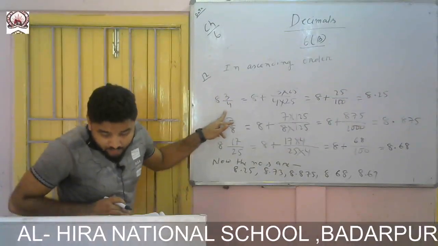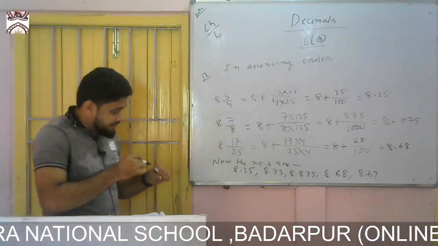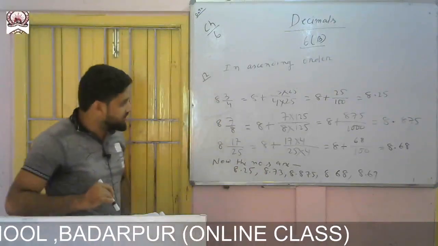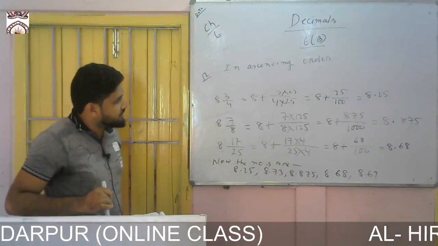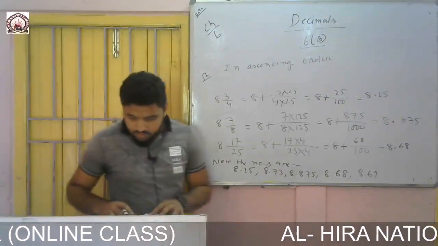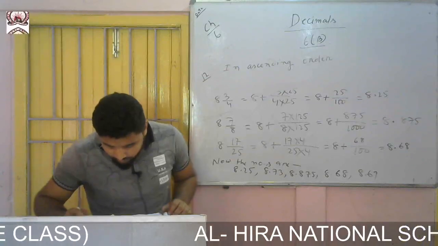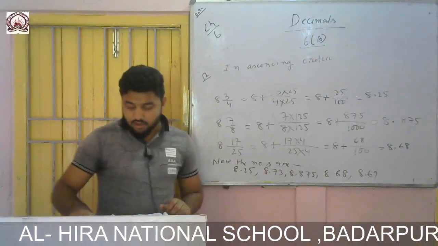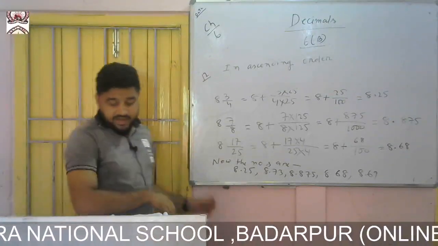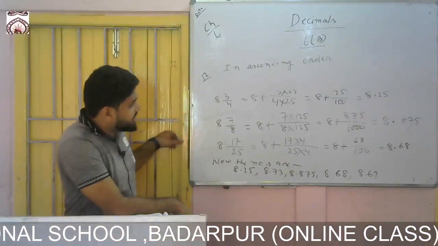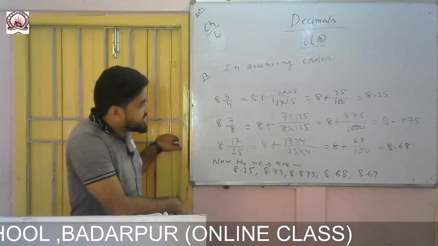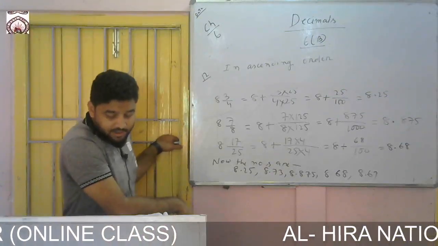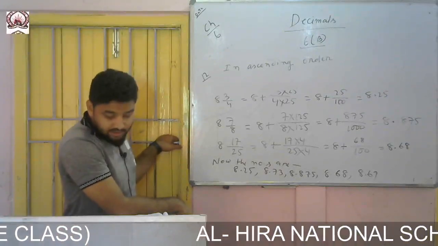Sorry, we need to write in ascending order. That means the first one is 8.68, which is 8 17 by 25. Then 8.69. Yes. And another one is 8.73.